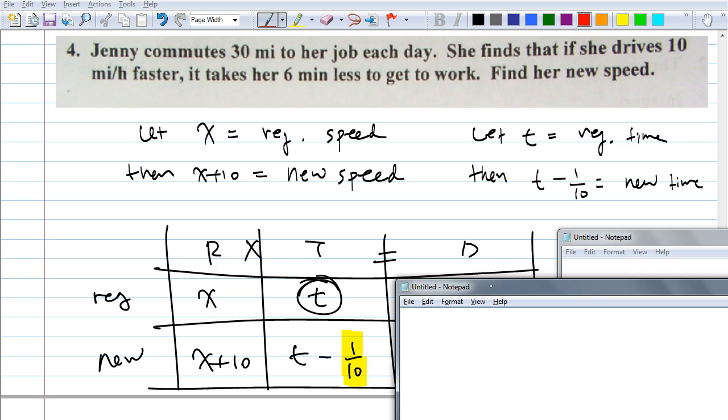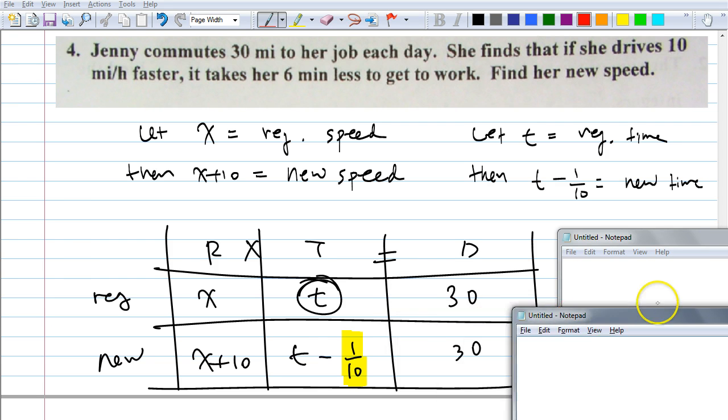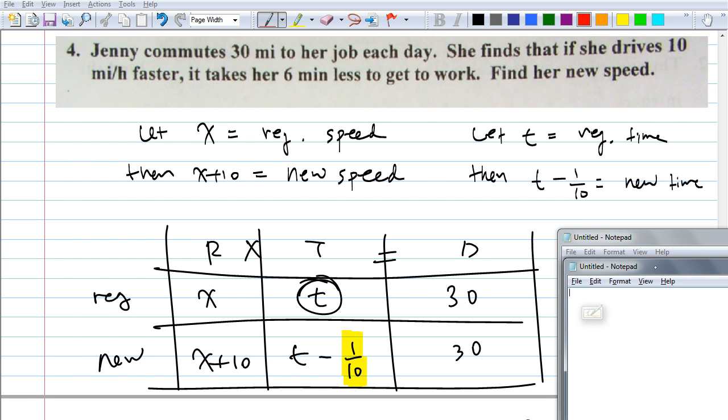For the regular way of going to work, x times t, that's true, but we actually know the numeric value for this, don't we? It's 30 for both.